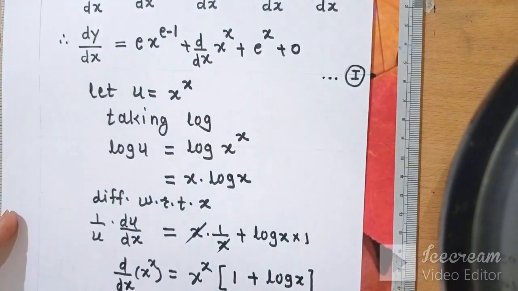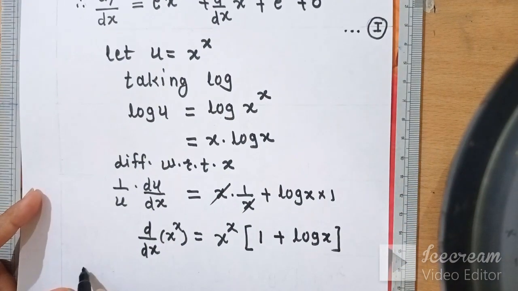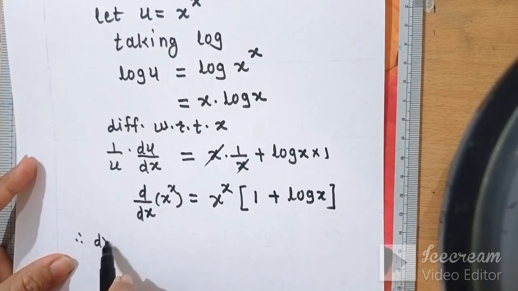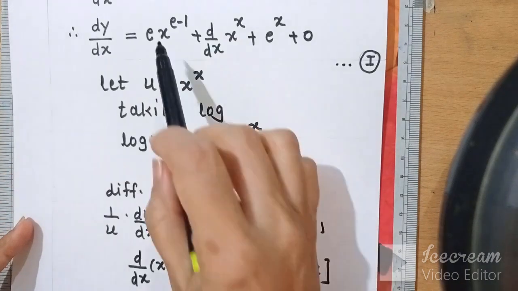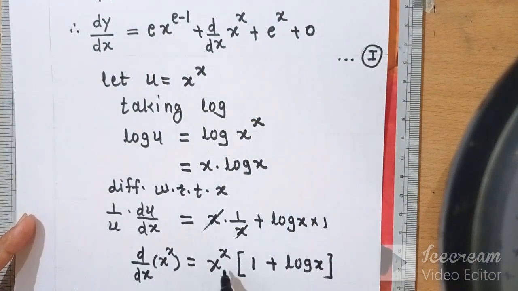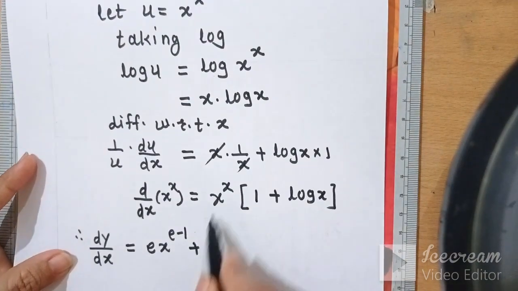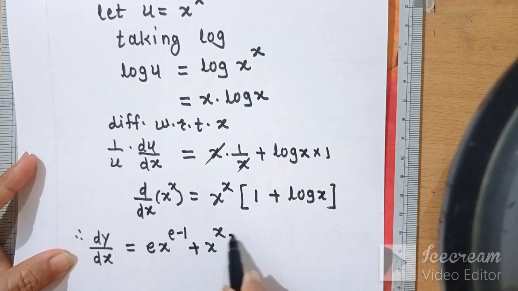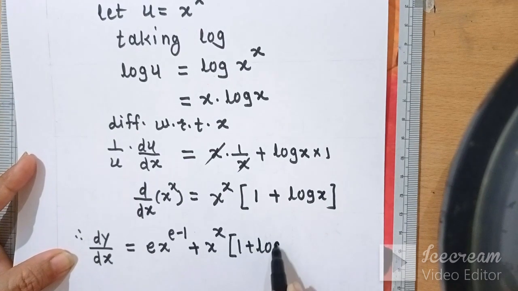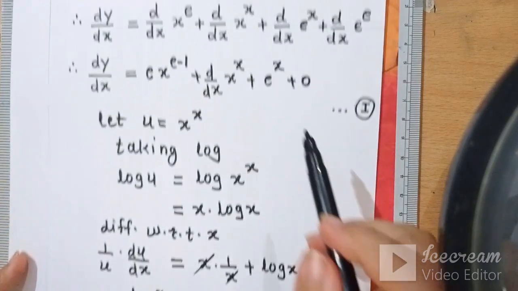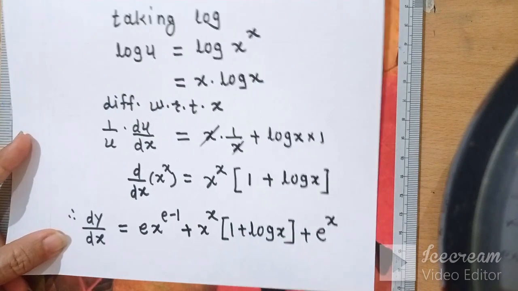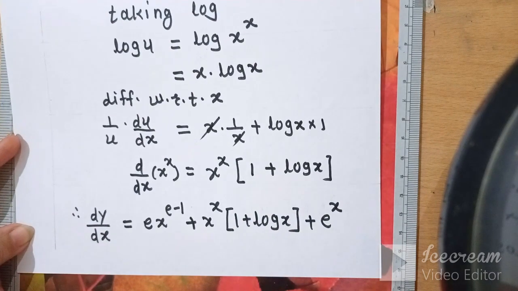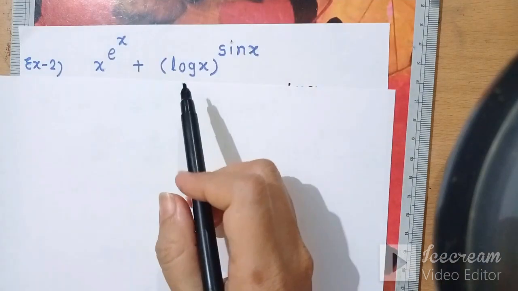So we will get dy by dx is equal to e x raised to e minus 1, which is the first derivative, then second this, so write down x raised to x into 1 plus log of x, and again what is remaining, e raised to x, so plus e raised to x is the derivative of the given function.